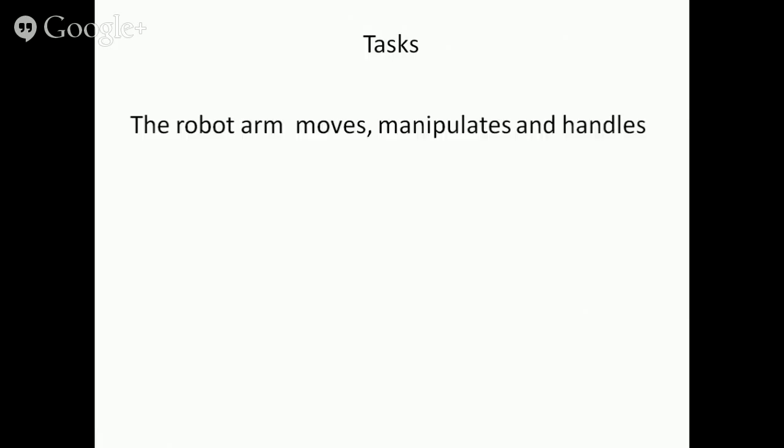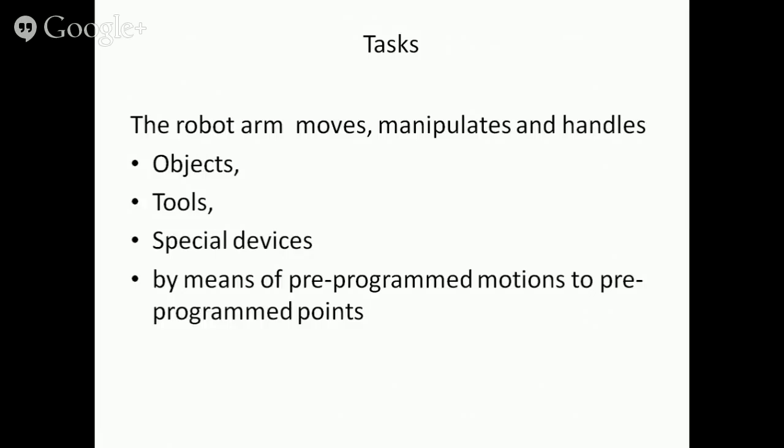What does a robot arm do? It moves, manipulates, and handles objects, tools, and special devices by means of pre-programmed motions to pre-programmed points.